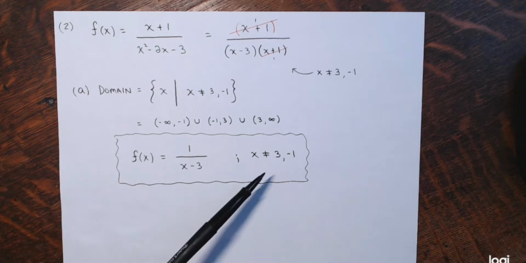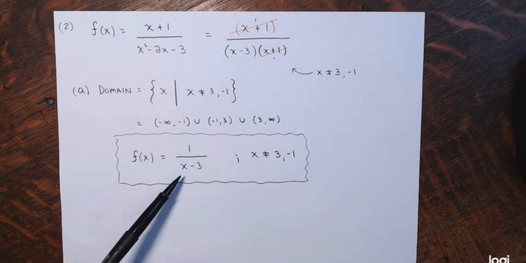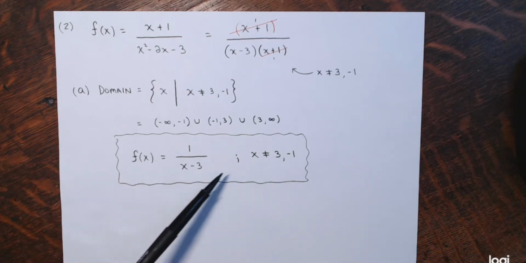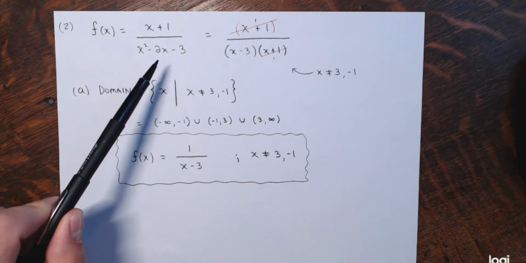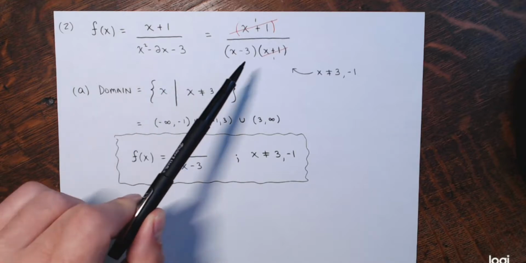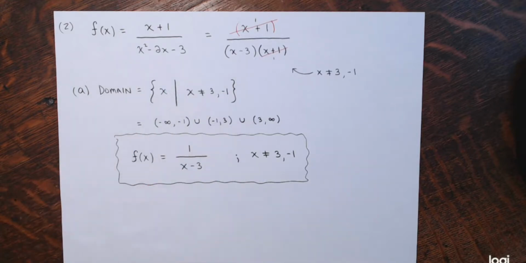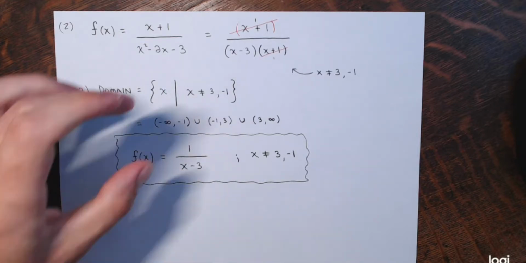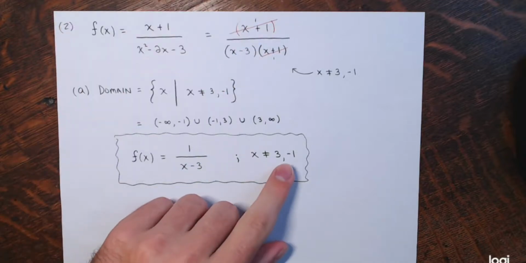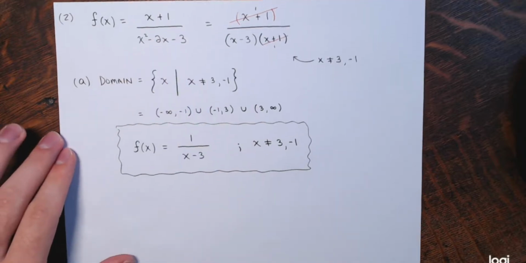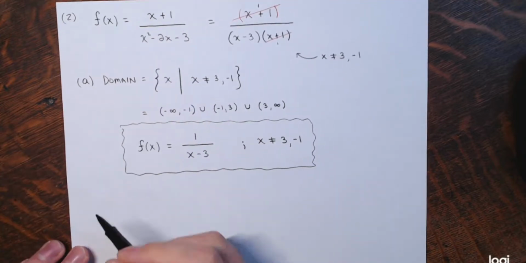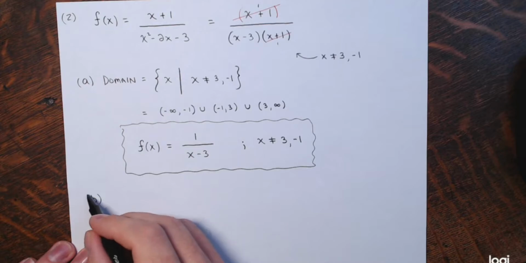But just remember, even though it looks like I can plug in negative 1, I can't, because of the way the function originally looked. So yes, you can simplify the fraction, but you still can't use the values that aren't allowed from the original expression. Okay, I hope that makes sense. All right, then part B.